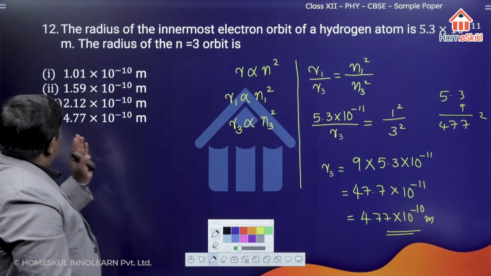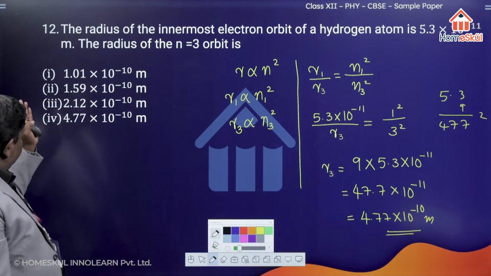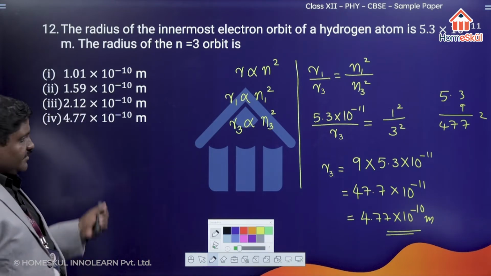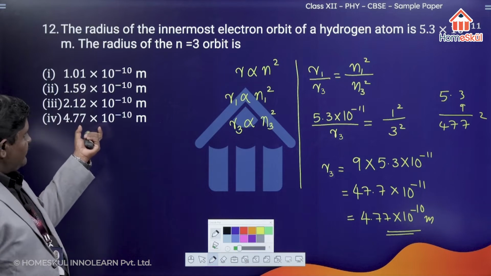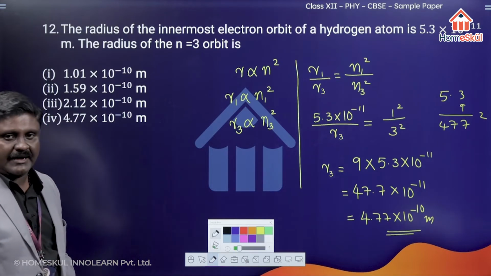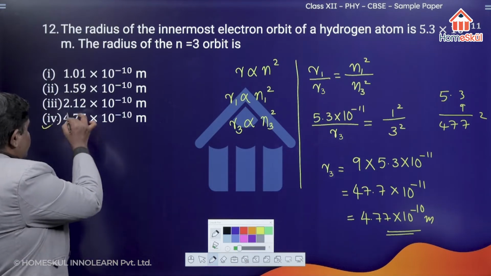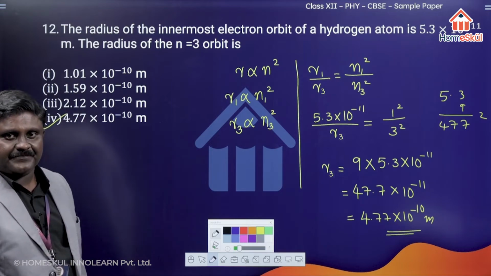So let's go for the option. The fourth option is the correct one, 4.77 into 10 raised to minus 10 meter. The fourth option is the correct answer.